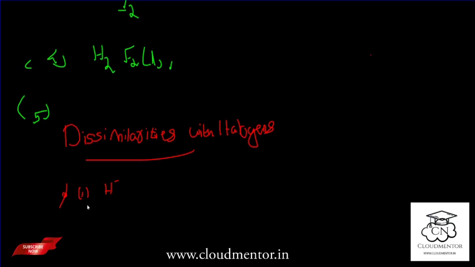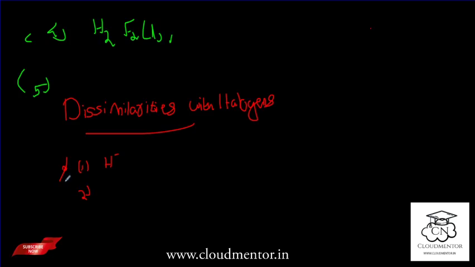And the second dissimilarity is the electron affinity of hydrogen, that is almost equal to 17.3 kilocalorie per mole. What is electron affinity? It is the tendency of an atom to attract or gain an electron.